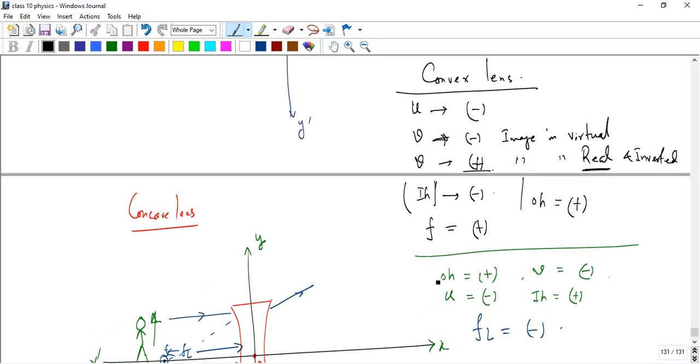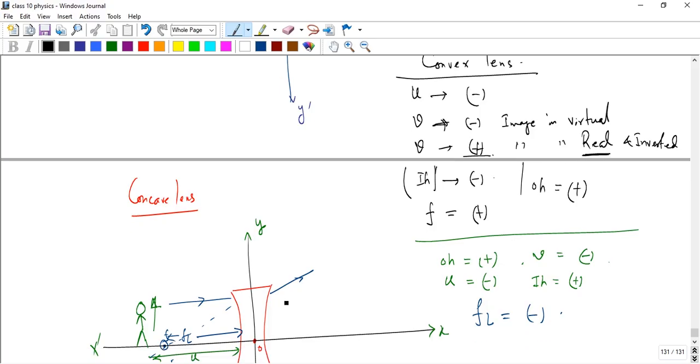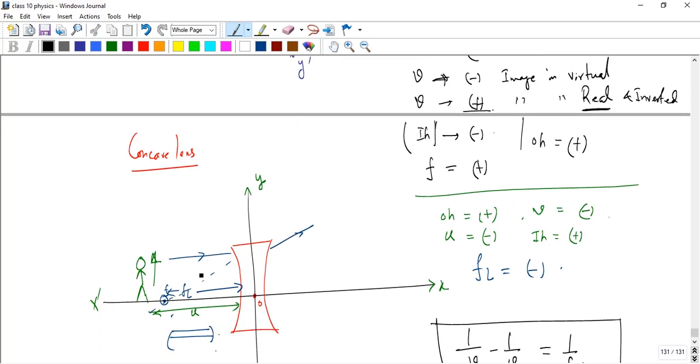The image distance is positive if the image is real and behind the lens; otherwise it is negative, when the image is virtual and in front of the lens.